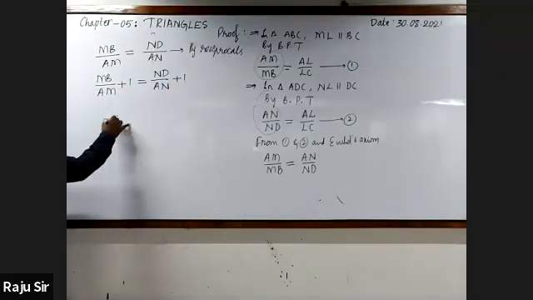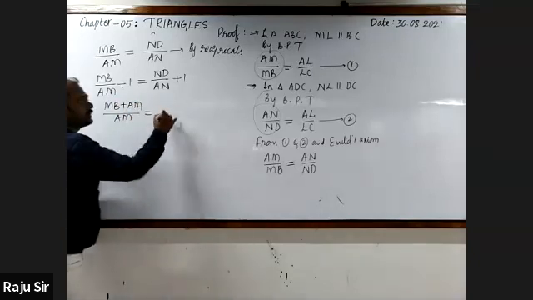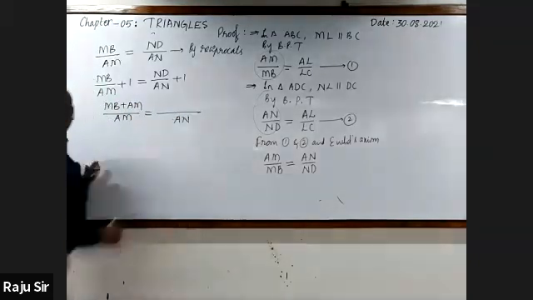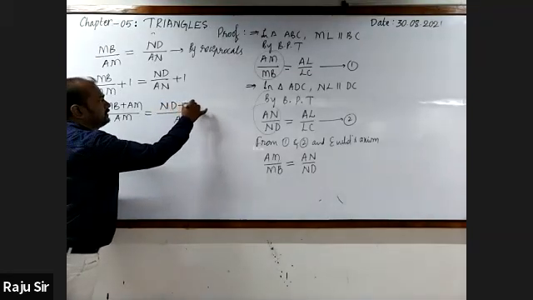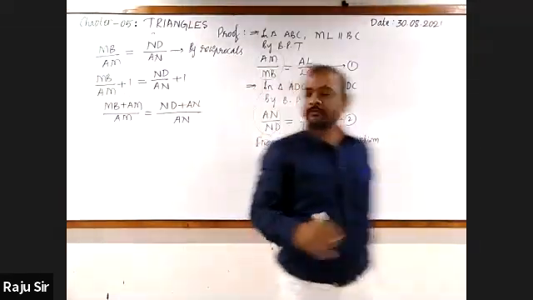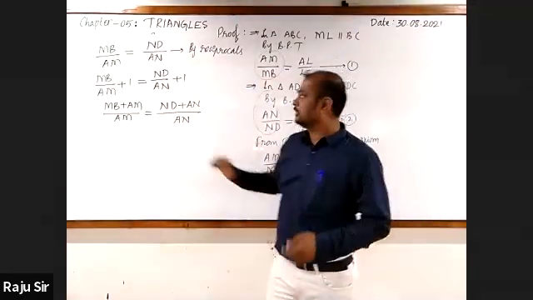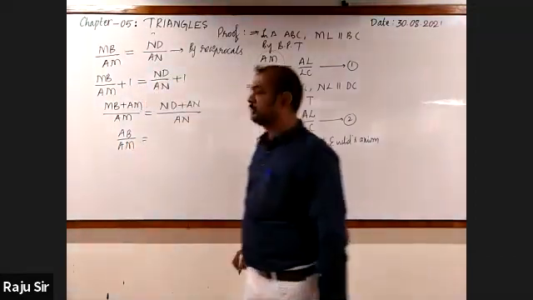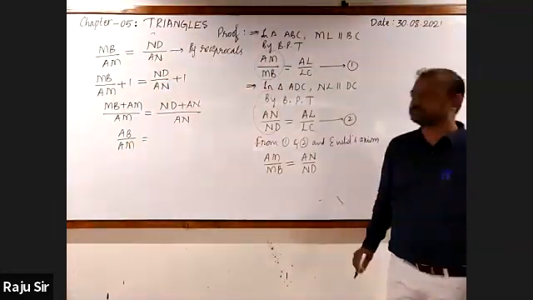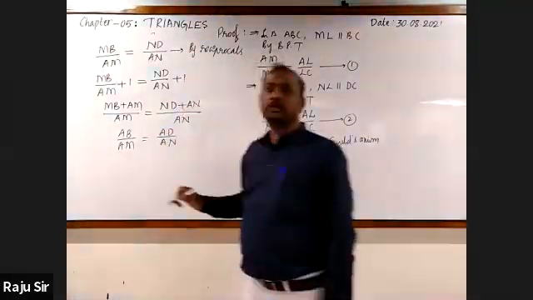Take LCM and simplify. LCM is AM, then MB plus AM is equal to, on the right hand side, LCM is AN, ND plus AN. Just go through the figure and tell what MB plus AM represents. It is AB. So AB by AM equals ND plus AN, which is AD, by AN.